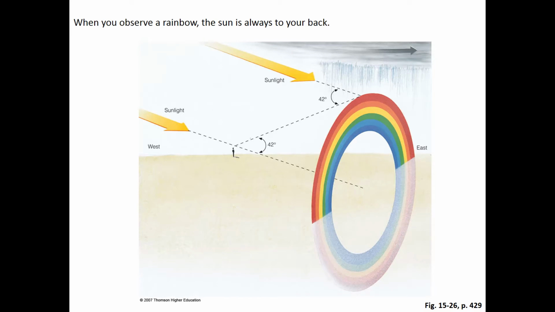So 42 degrees to your right, 42 degrees to your left, 42 degrees above you, and yes, even 42 degrees beneath you. However, because there's solid earth down here, you typically don't get to see the bottom half of the rainbow.